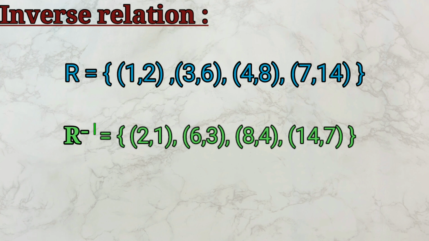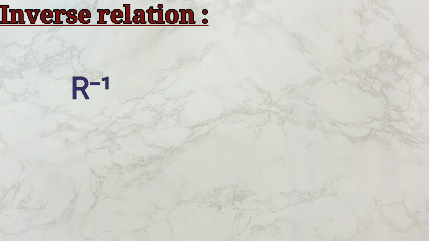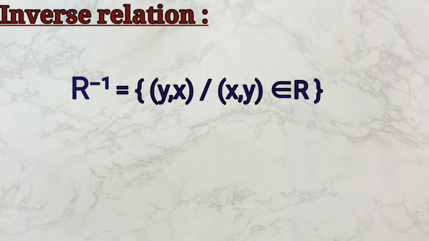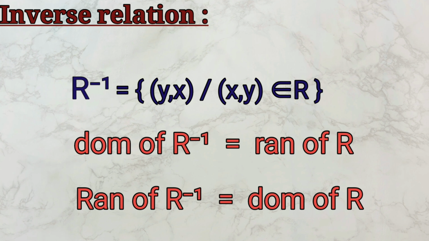So, we can see that if R is a relation from the set A into set B, then its inverse relation, that is R inverse, is a relation from set B into set A. That is, R is a subset of A cross B if and only if R inverse is a subset of B cross A. From the above discussion, we can write the inverse relation R inverse in the set builder form as set of ordered pairs (y, x) such that ordered pair (x, y) belongs to relation R. So from this we can say that domain of R inverse will be equal to range of the relation R, and range of R inverse is equal to domain of the relation R.